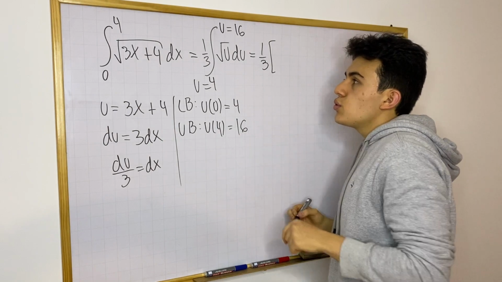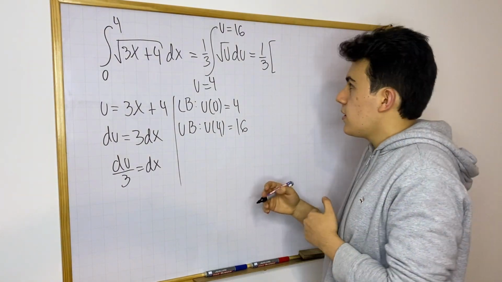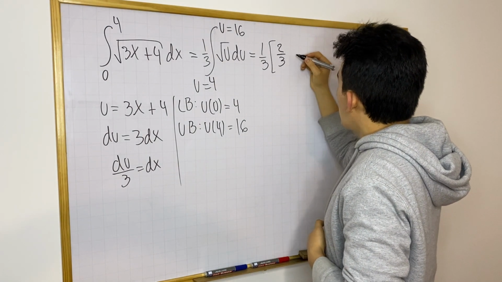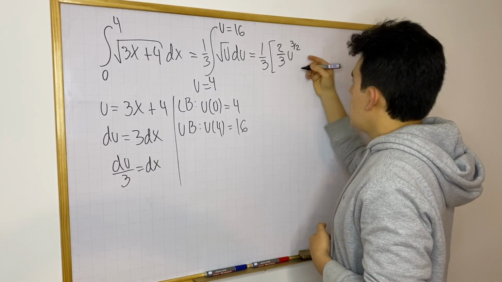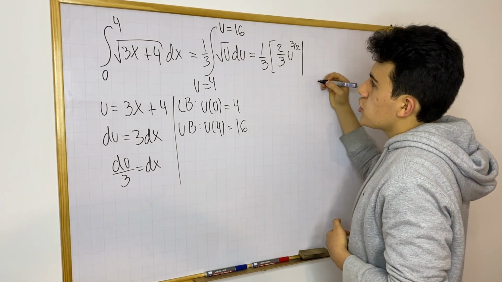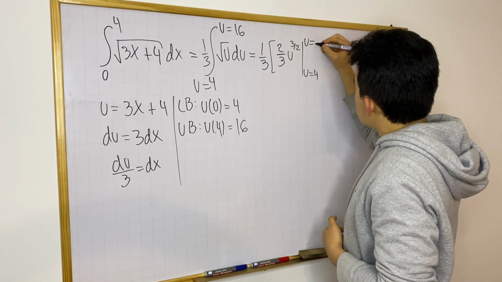So this is 1 over 2 plus 1, that's going to be 3 over 2, and you also need to divide by that number. Dividing by 3 over 2 is the same as multiplying by 2 over 3, and this is going to be u to the 3 over 2, okay, which is the exponent that we get. And we want to evaluate this entire expression at u equals 4 and u equals 16, okay?